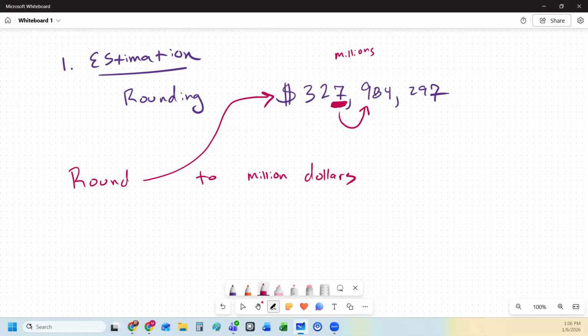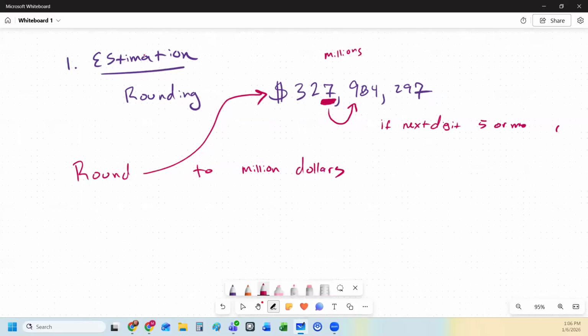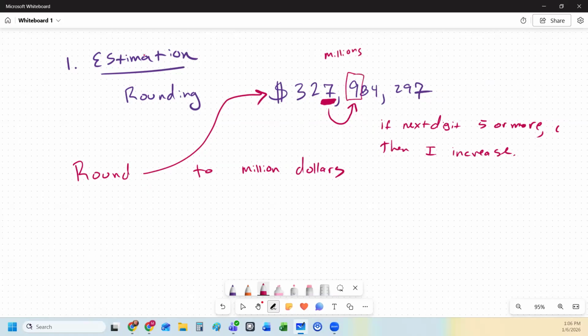If the next digit is 5 or more, then I increase, right? Which it is. The next digit here is a 9, so I'm going to increase this.